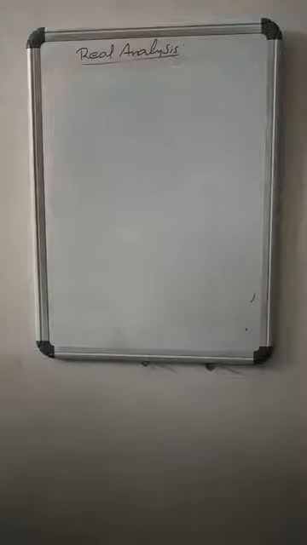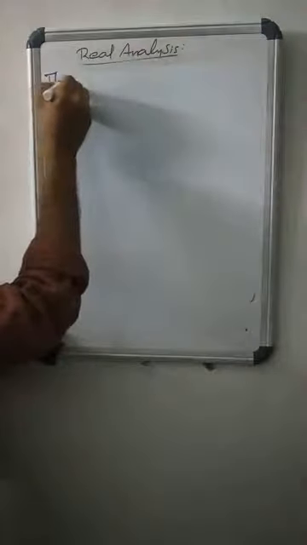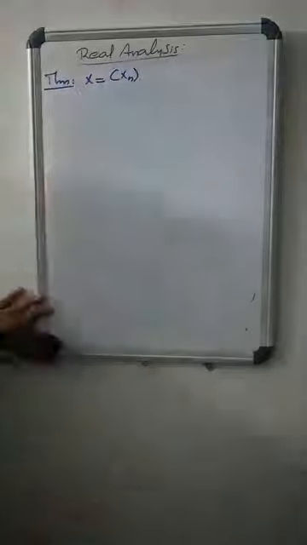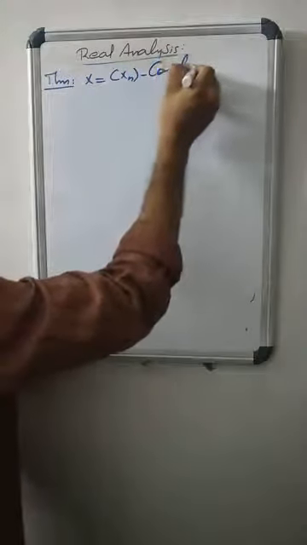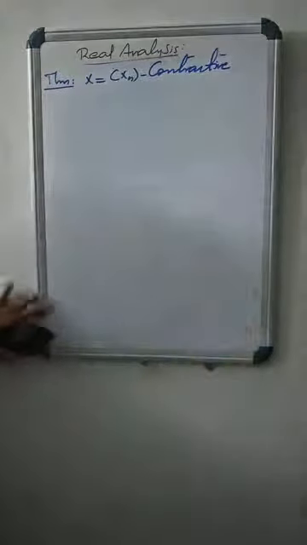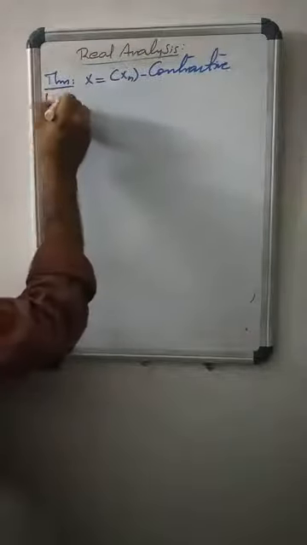If x equals (xn) is a contractive sequence, there is another theorem. If x equals (xn) is a contractive sequence with a constant c, means c lies in between 0 and 1, let limit x equals x star.